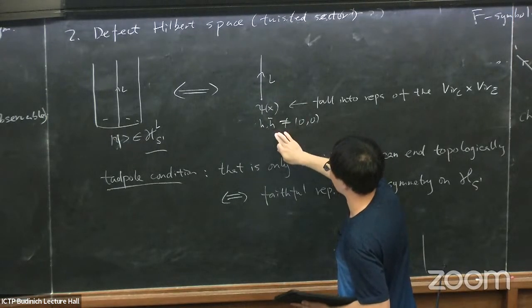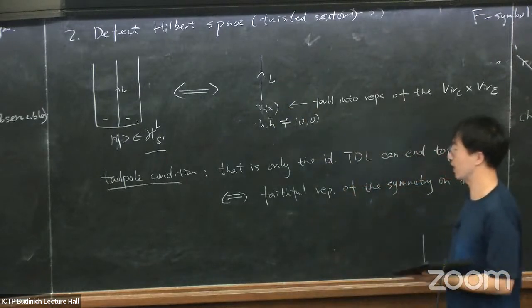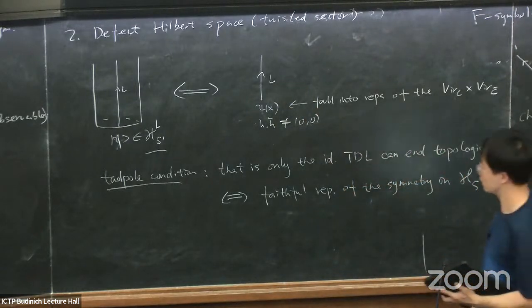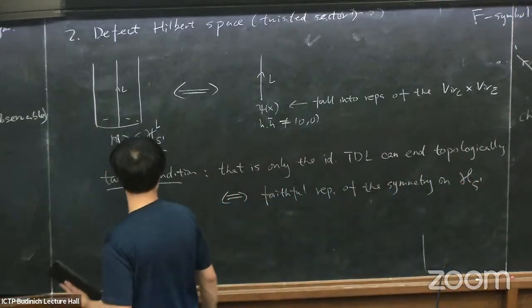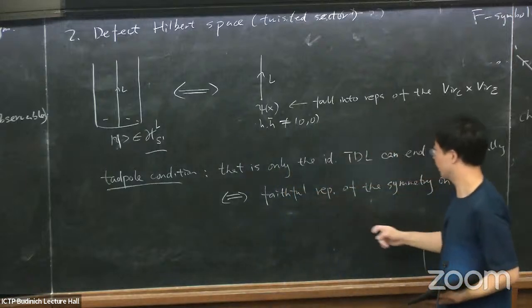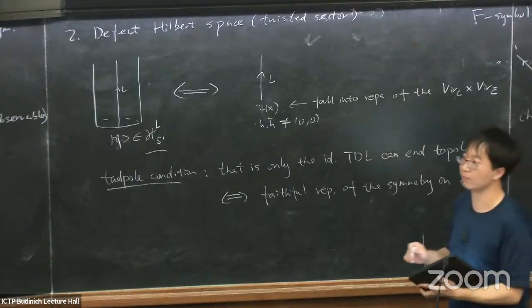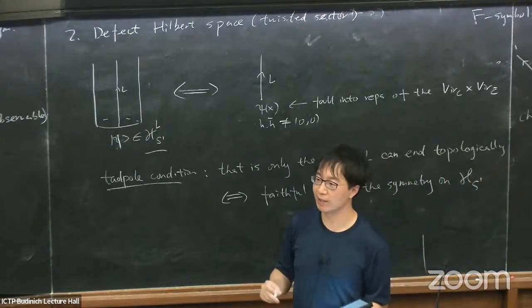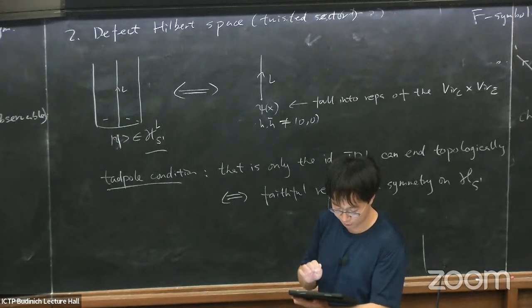So having h and h bar equal to 0 for psi is always impossible when the topological defect line is not the identity, and that's equivalent to requiring the symmetry that you are studying to be represented faithfully on this Hilbert space. I think I'm running out of time, so let me stop here and answer questions, and we'll catch up next lecture.